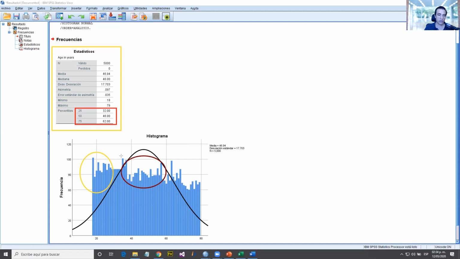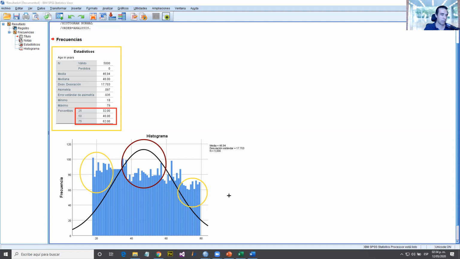And right here, we can see the other difference, okay? So this is not normally distributed. A normal distribution should follow that line, the black one, and this one is not following it. Also right here, we have another very important difference.